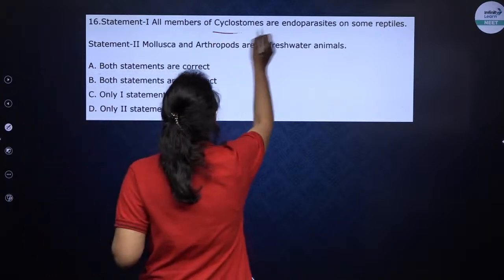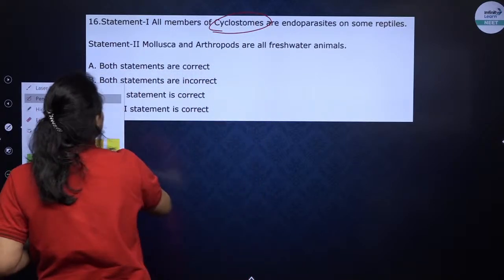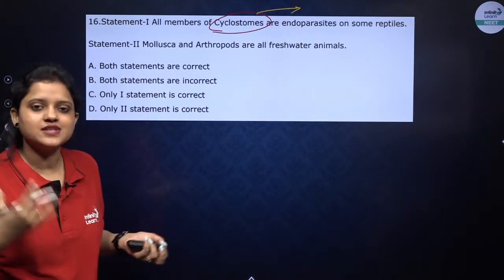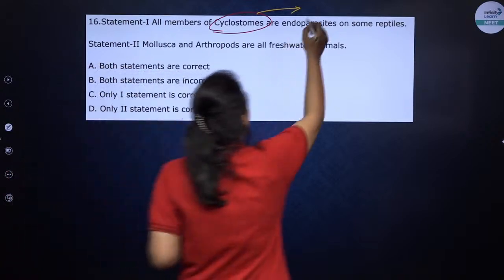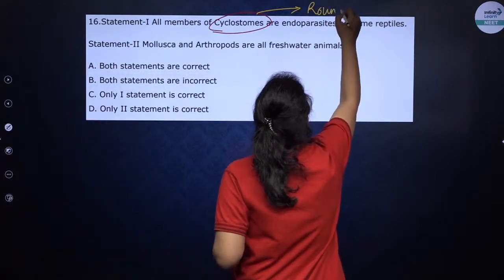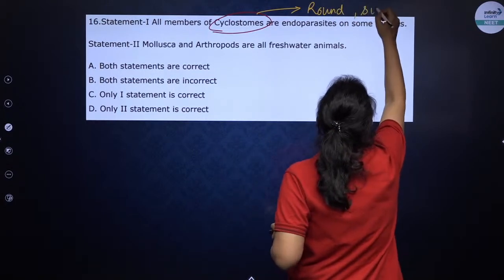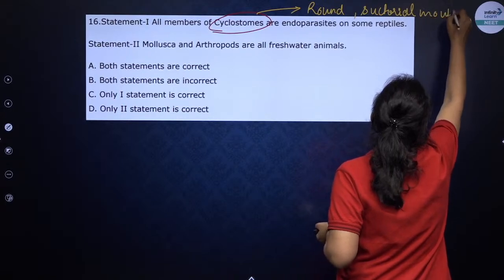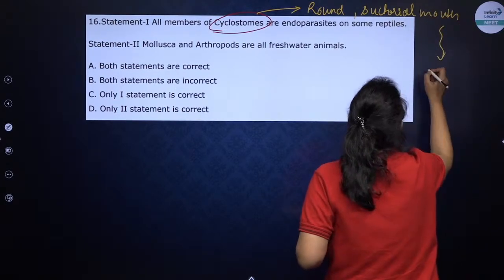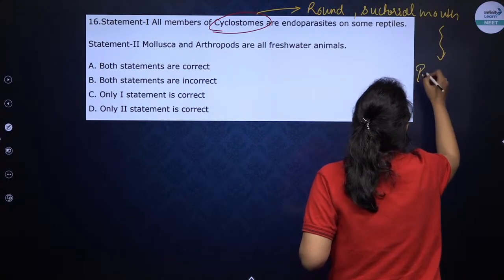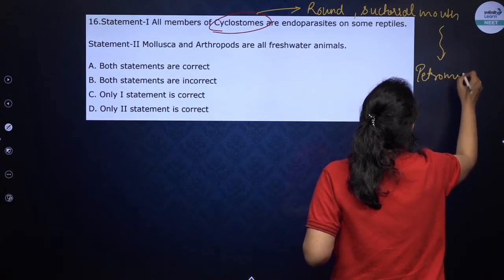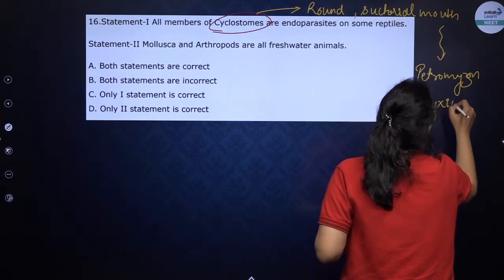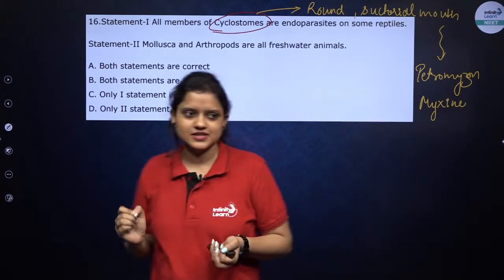What are cyclostomes? Cyclostomes are organisms that have round suctorial mouth. किसके पास है round suctorial mouth? लैम्प्रे और पेट्रोमाइजन के पास, and myxine या हैगफिश के पास, isn't it?